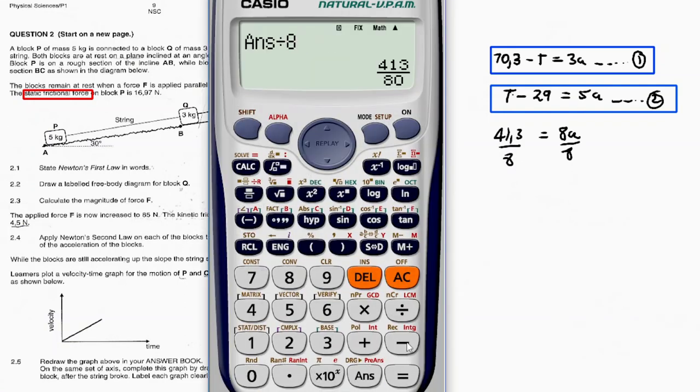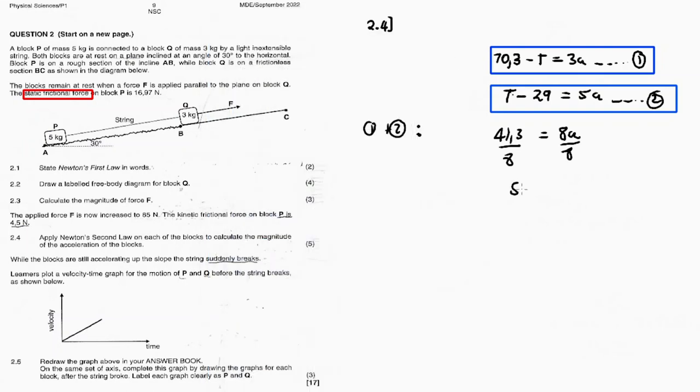The answer yami ubani? 5.163. Answer acceleration, it's in meters per second squared. So this is our acceleration. So both objects are accelerating at this value, they are both going to accelerate at 5.163. Right, so 2.4 uphelela la.